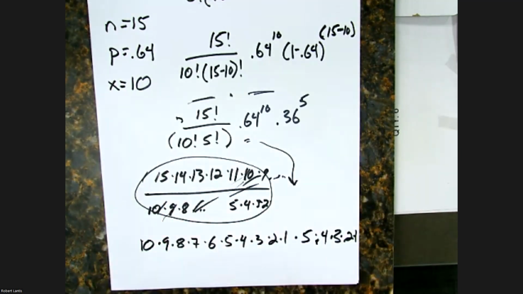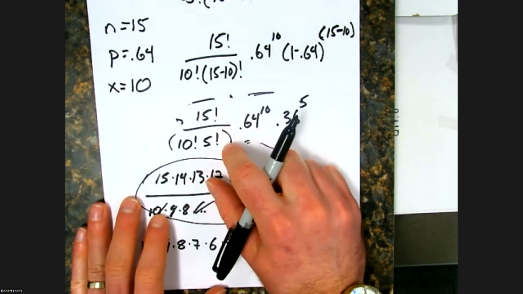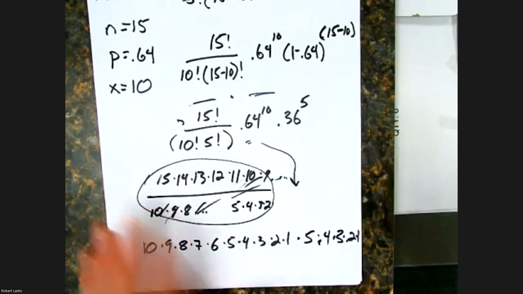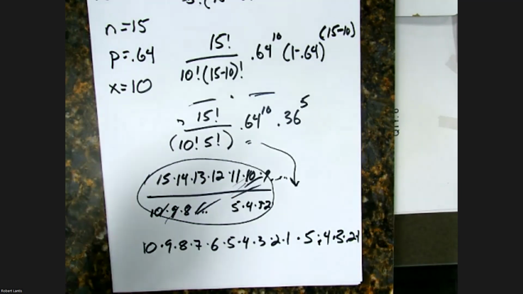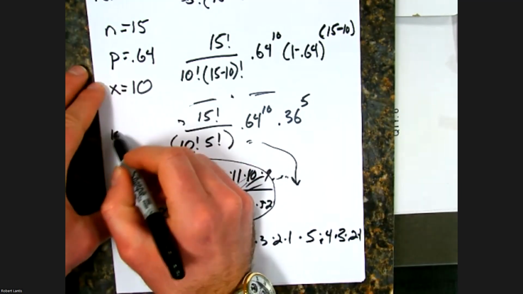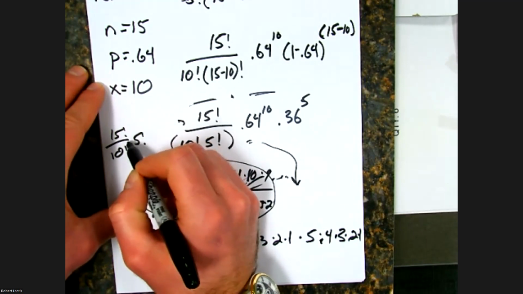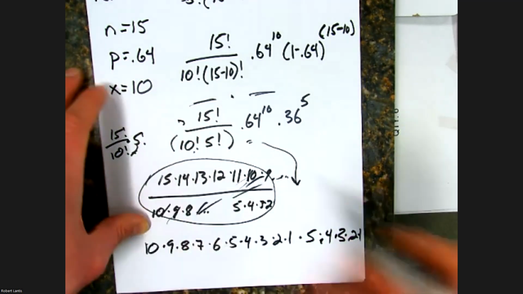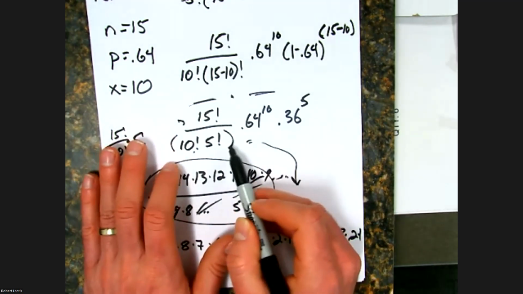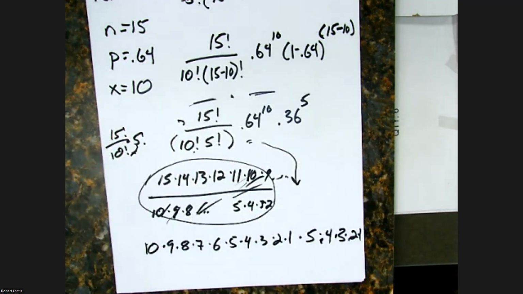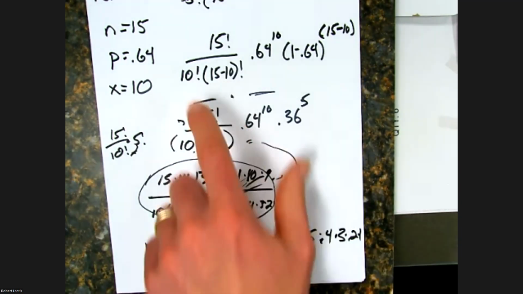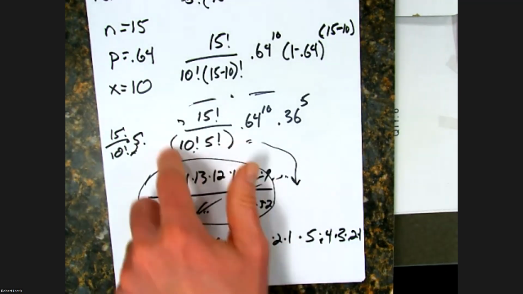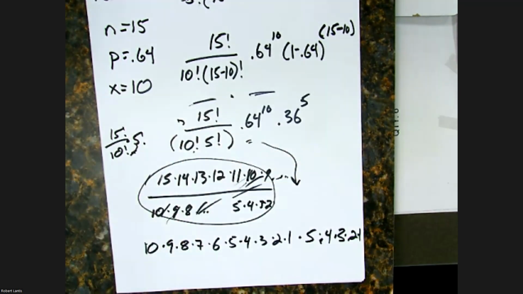If I get lazy and go 15 factorial divided by 10 factorial, hit enter, and then hit multiply by 5 factorial, then it's actually doing this. And this isn't in my denominator, it's actually in the numerator. So you need to make sure you're using parentheses, or doing it in such a way that you're first multiplying these two so that you're dividing by that entire product.